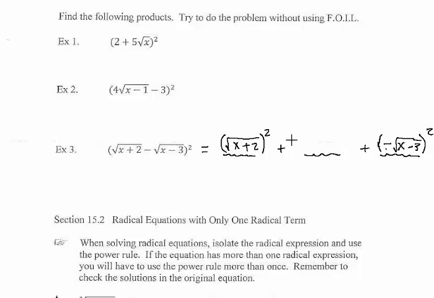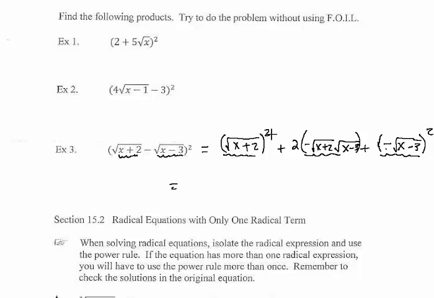And then the middle term is going to be double the product of square root x plus 2 times negative square root x minus 3. So this is going to turn out to be negative, so I'll put the minus here, and then I have my 2 square roots x plus 2 and x minus 3.